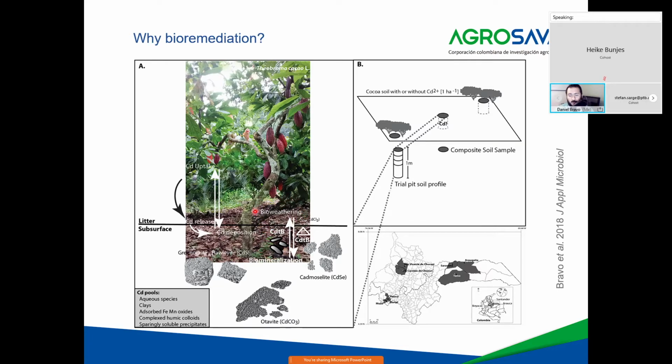And by bioweathering, the idea is to use the soluble fraction of cadmium present in soil in forms such as cadmium chloride, and less frequently cadmium ions, into minerals induced biologically by this cadmium-tolerant bacteria in forms of otavite, greenockite, howleyite, which are secondary forms and geostable forms of cadmium. In these forms, cadmium is not available in the root system and therefore will not be translocated into the cocoa beans.